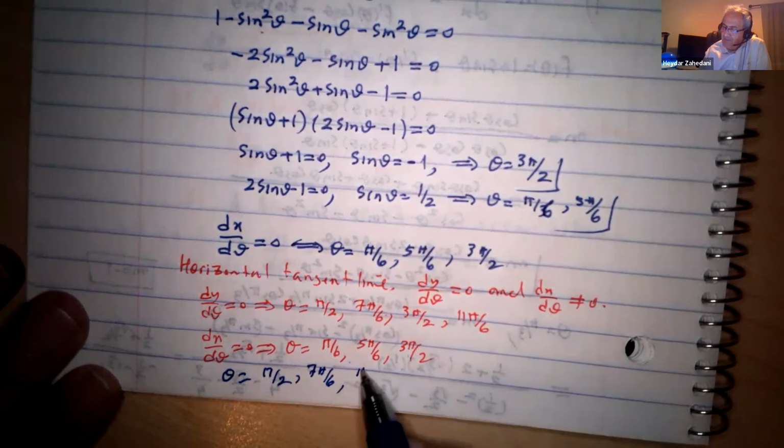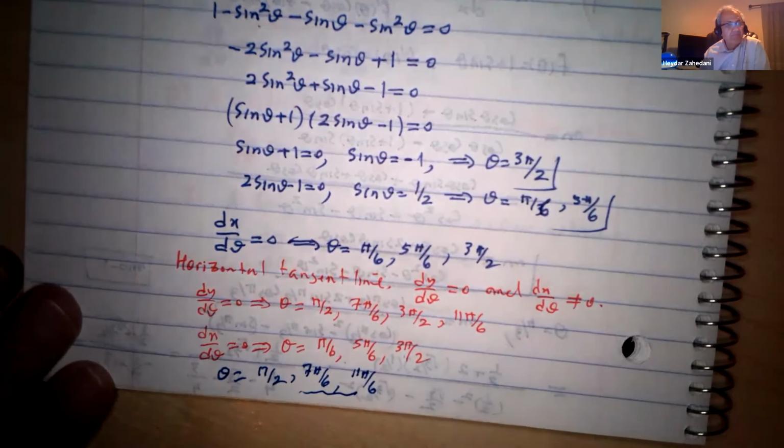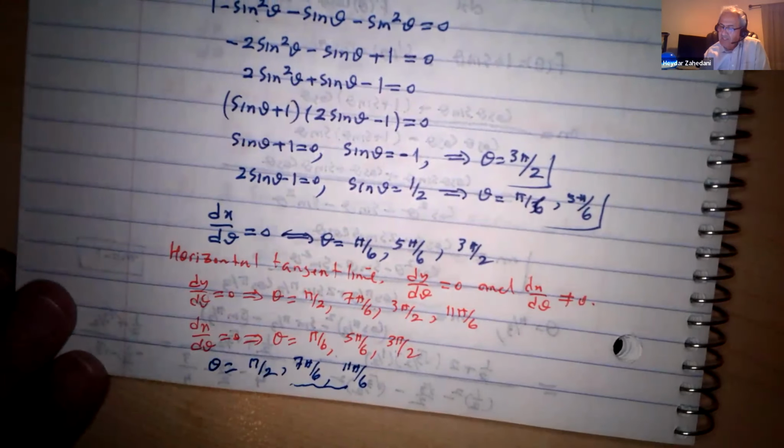And you can pick 11π/6. So this is where we get the horizontal tangent line.